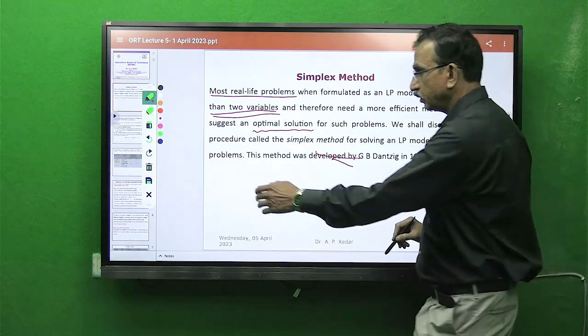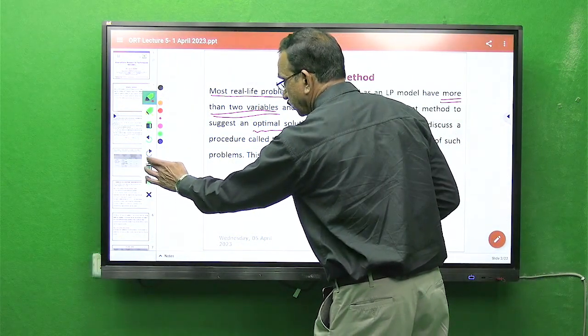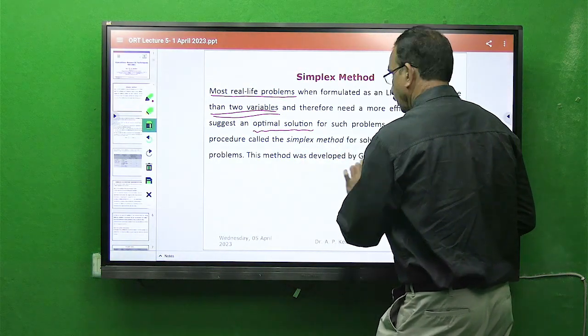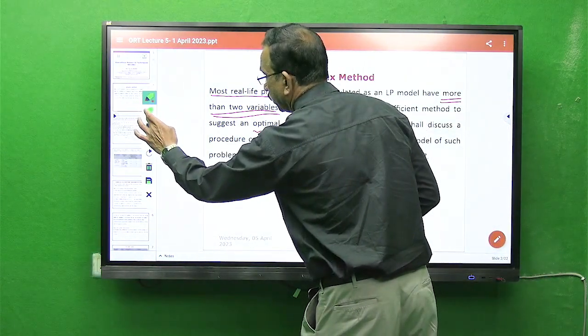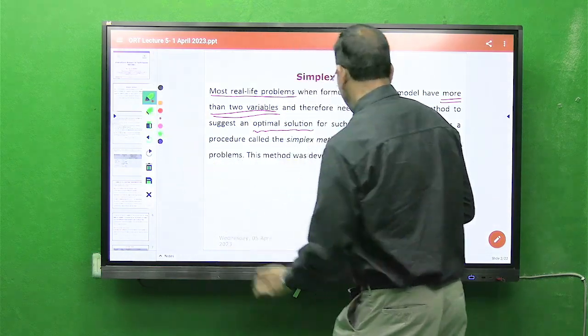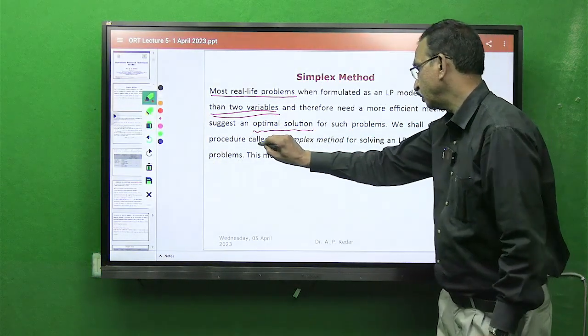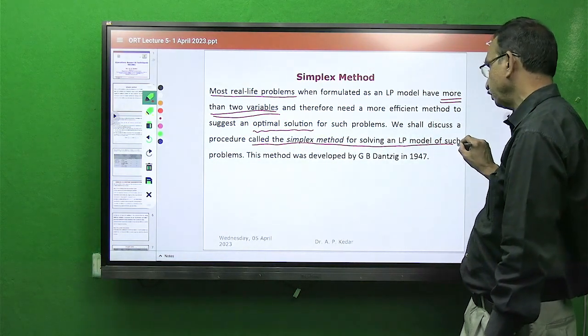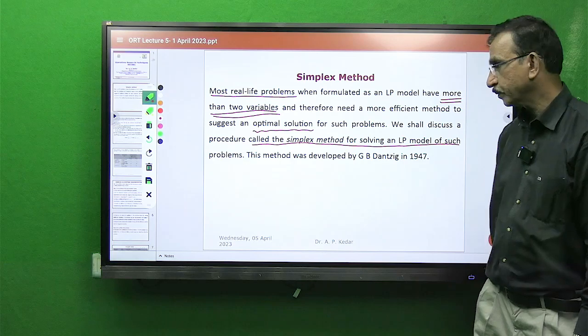We shall now discuss a procedure called the Simplex method for solving the LP model of such problems.